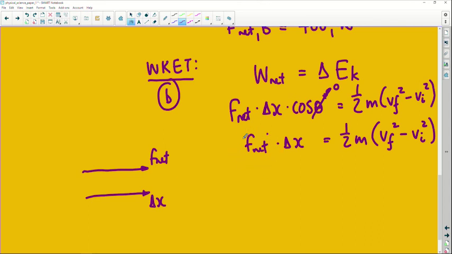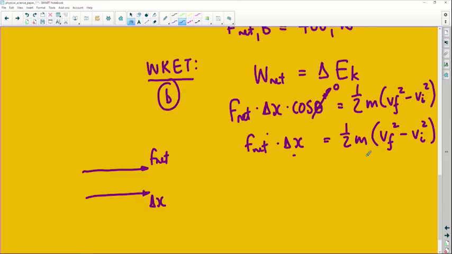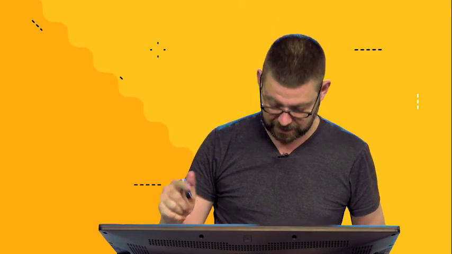We've got the net force, we calculated that in the previous step. We want to calculate delta x. Remember, the displacement over which the change in momentum takes place. We've got the mass of the bullet, and we also have the final and the initial velocities for the bullet. So we can substitute the values that we have for all of those as follows.